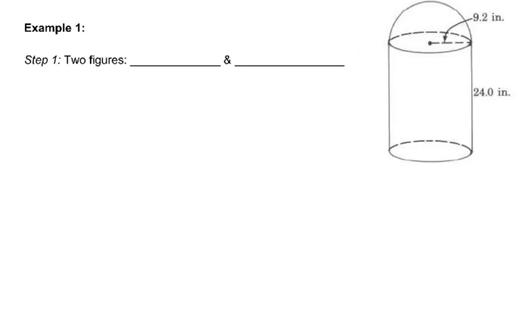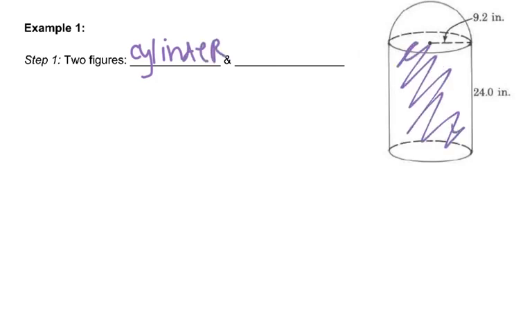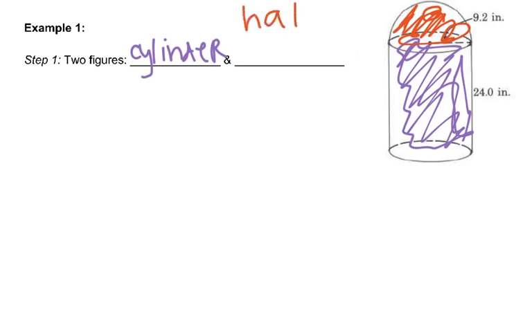So if we look over at this figure, we can see that one of the figures is a cylinder, which is what I'm highlighting in purple here. And on top of that cylinder, we can see that there is a half sphere, which I'm highlighting in orange. Now the fact that it's a half sphere is going to be important.